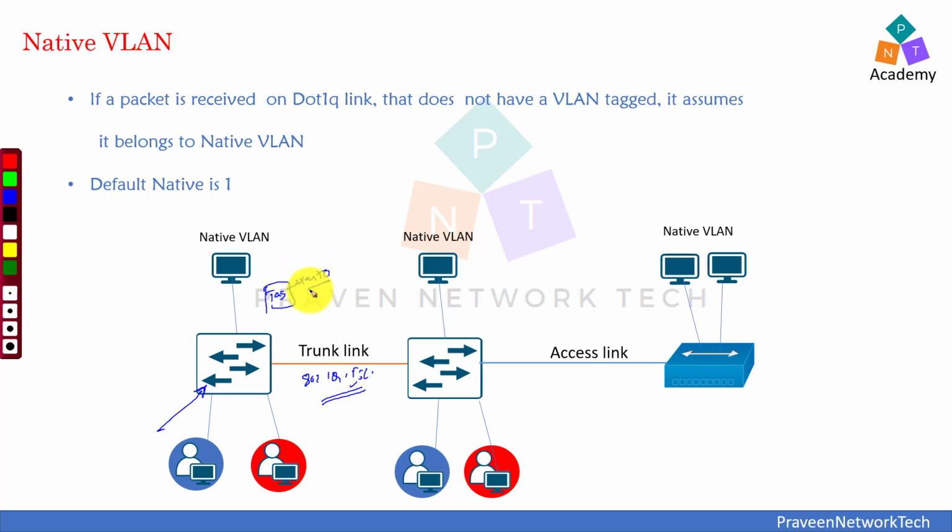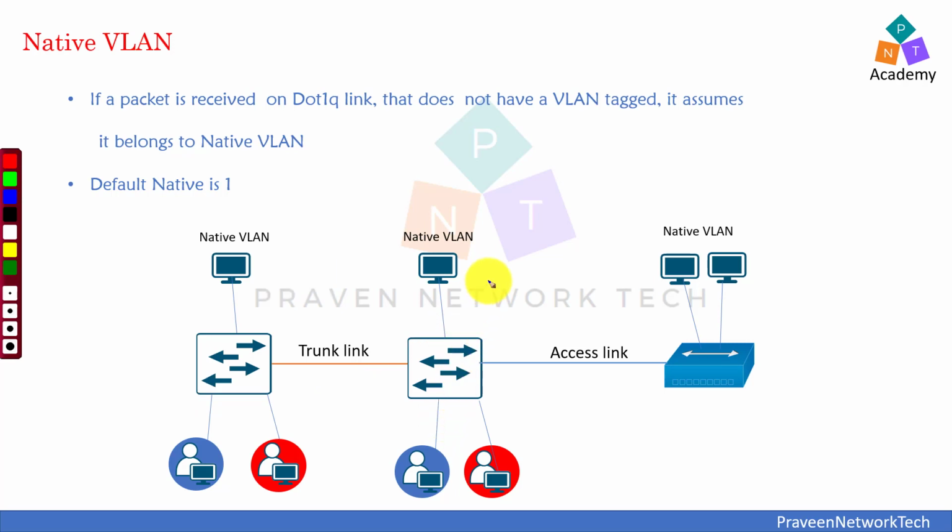Assume this traffic belongs to VLAN 10, and it is received on this trunk interface and then on switch 2. Whenever switch 2 receives this packet with VLAN 10, it automatically sends that information to the specific user present on the VLAN 10 interface.